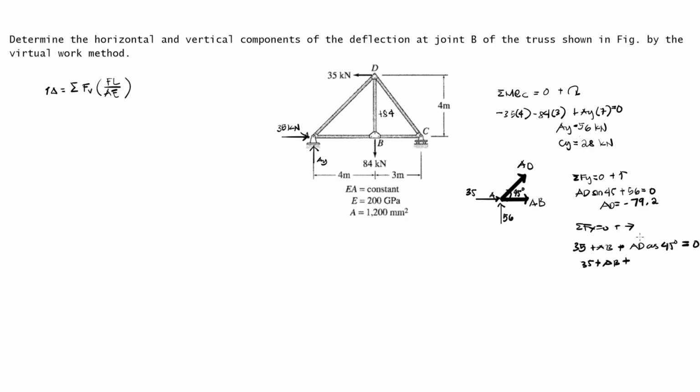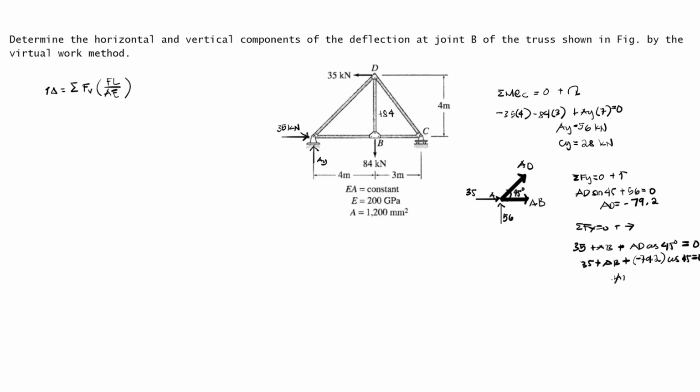Okay? Yung AD natin dito, so as you can see, hindi ko pinalitan yung direction mula dun sa assumption natin. So, pwede natin ilagay yung nakuha natin dito, negative 79.2. Okay? Cosine 45 is equal to 0.